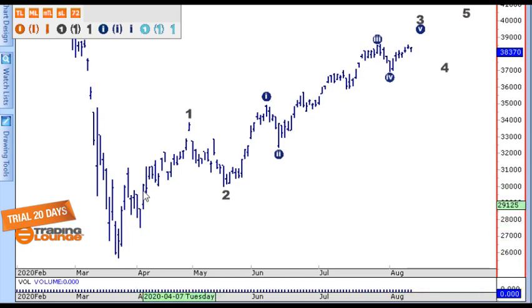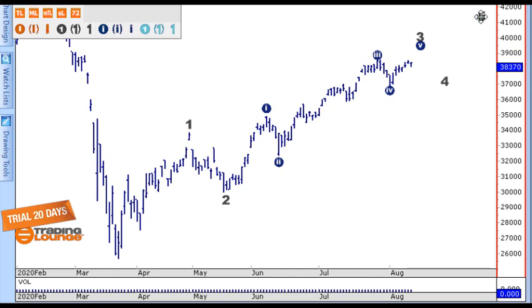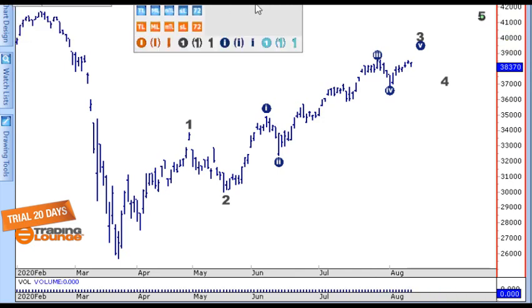We've got 1 and 2 and 3 and 4 and 5 here for wave 1 and back for wave 2 here, then wave 1 and 2 here, and then you can see that we've got 1 and 2 and 3 and 4 and 5 here for the third wave, the fourth wave, and the fifth wave to come in here for the third, then the fourth, and then the fifth wave here that can take us up above the 4,000 on the BSE anyway.